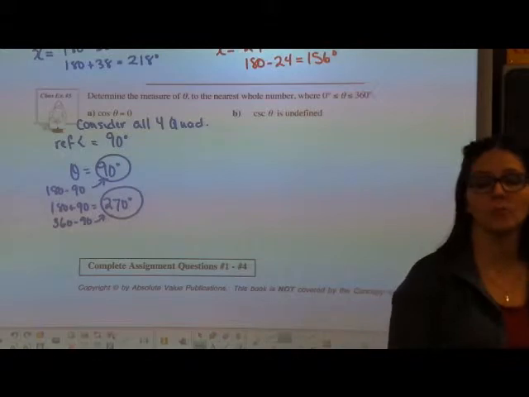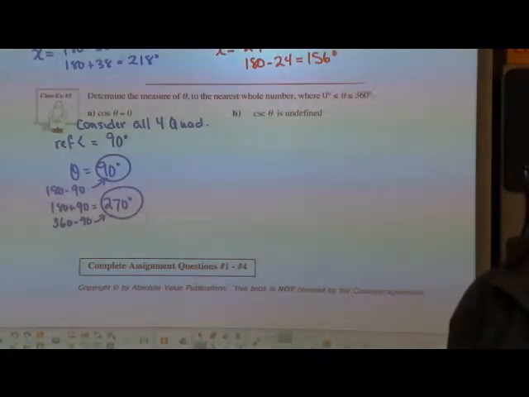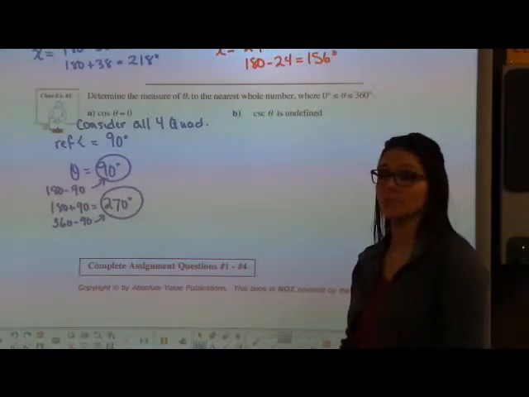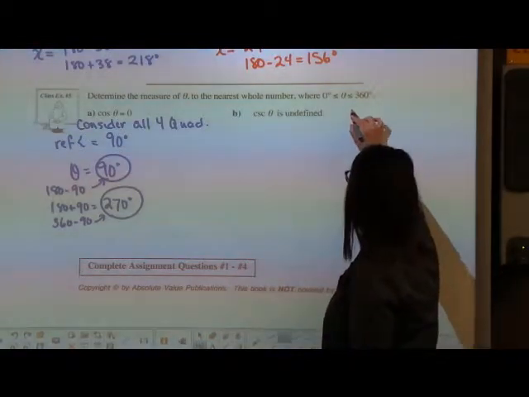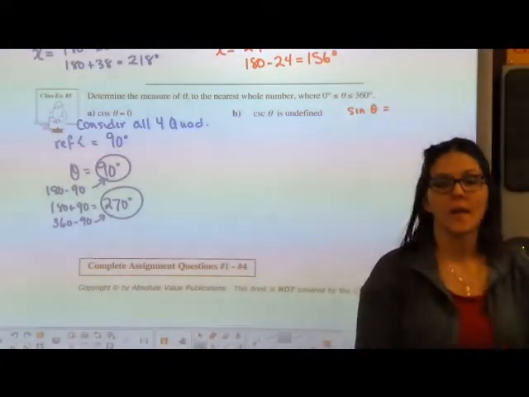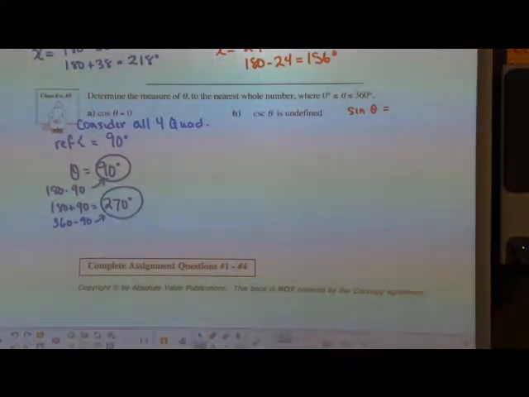So in B, we have cosecant theta is undefined. Cosecant is a reciprocal trig function. What is it reciprocal to? Sine. So the reciprocal trig function is sine. In our experiences, when is something undefined?